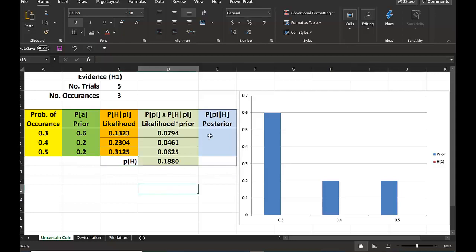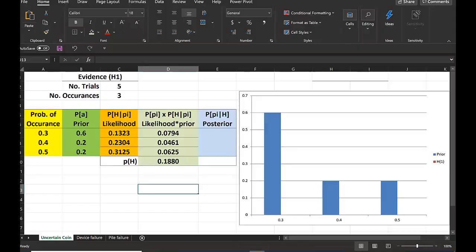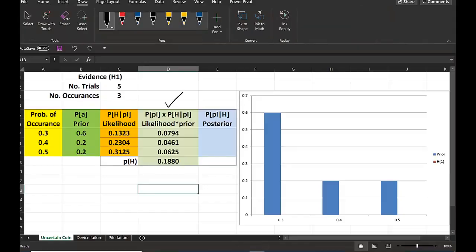Now we can also calculate the posterior distribution. If you remember, this term is the posterior distribution. So I have this first term, likelihood times prior, divided by the normalization constant. If we divide the likelihood times prior by the normalization constant value, I will get the corresponding posterior.